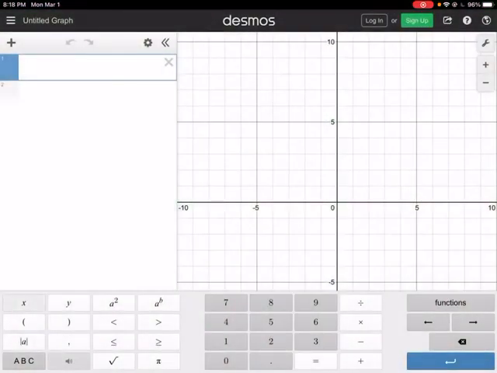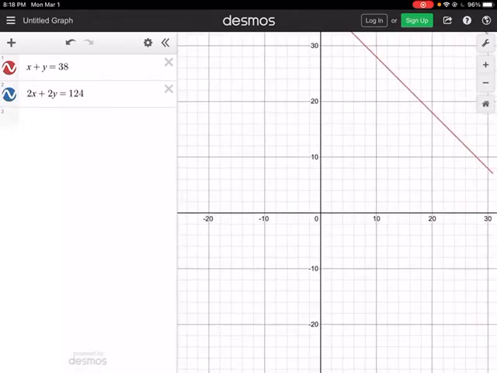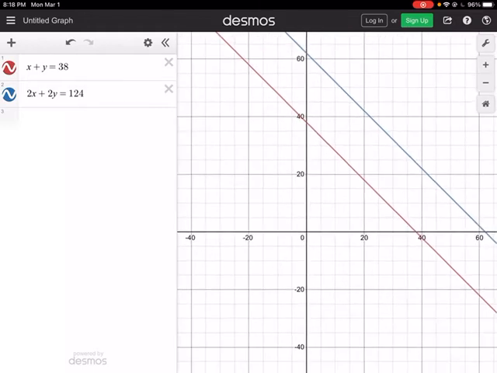I have X plus Y equals 38 as my first equation, and my second equation was 2X plus 2Y equals 124. My equations aren't showing up on my Desmos, so I'm on an iPad, so I'm just going to zoom out and see where they show up. Ooh, wow, they're way up there. It looks like, why do these look parallel?